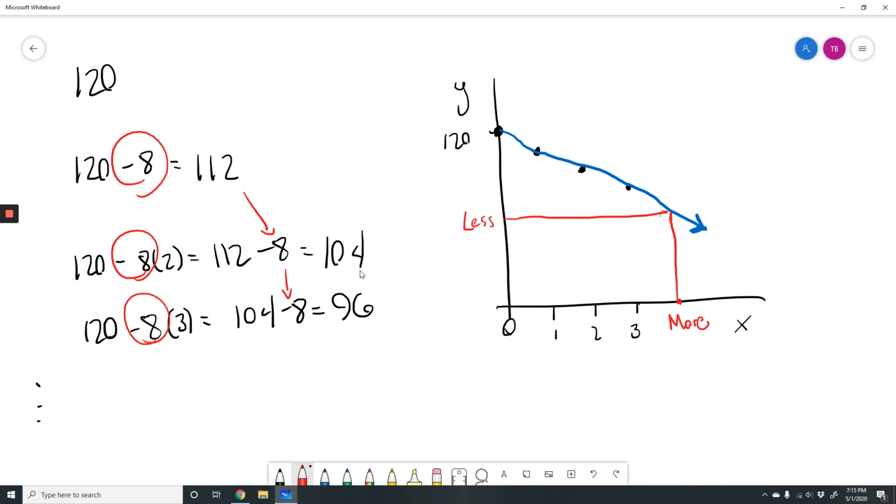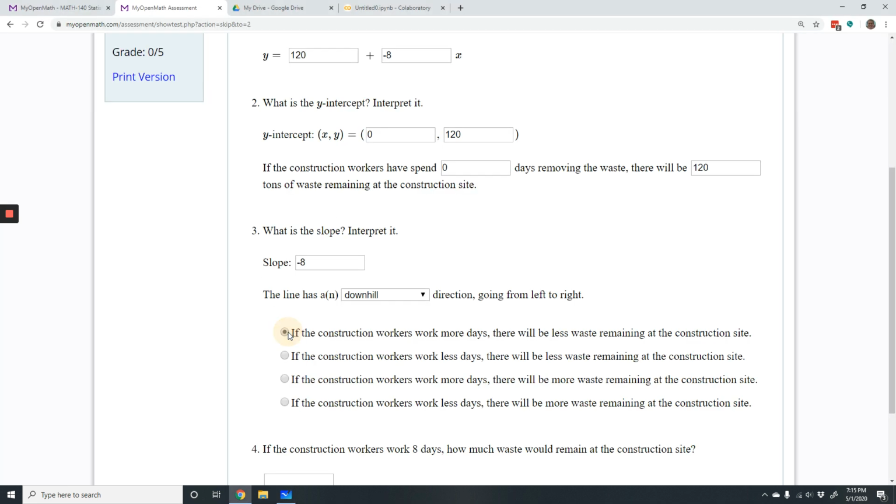And if we have less days, we have more waste. Okay, so this is probably the more obvious answer, but in this case, this works too. If the construction workers work less days, there will be more waste.